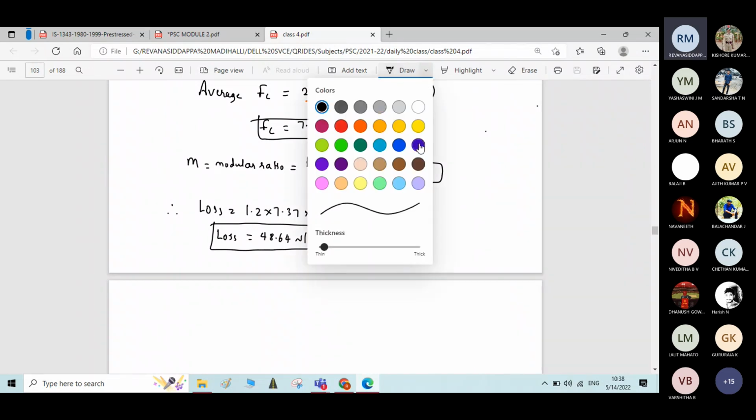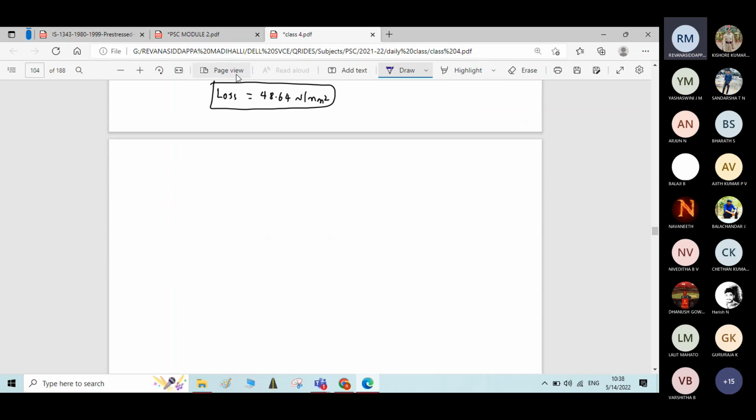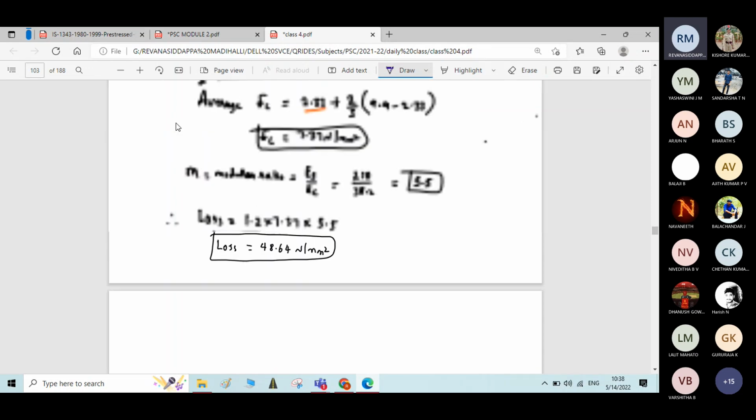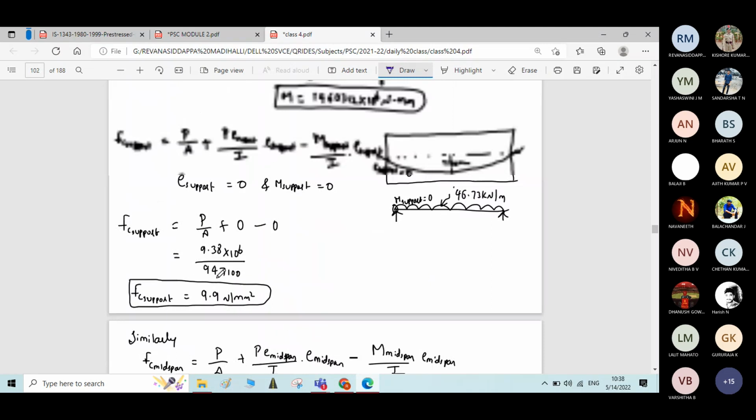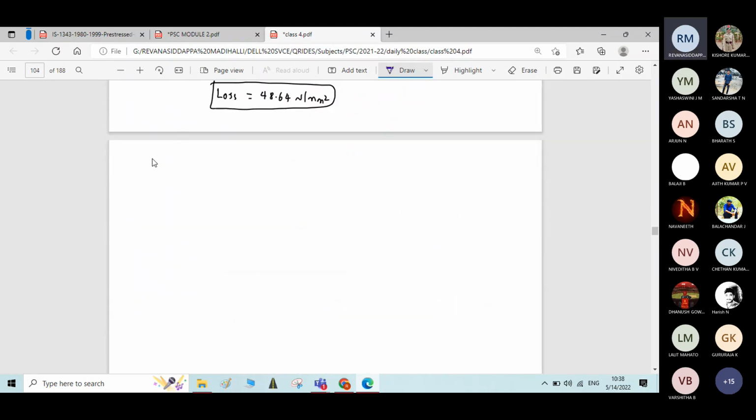The next type of loss we have to calculate is loss due to relaxation of stress in steel. Okay, the serial number is 4D. Loss due to relaxation of stress in steel.